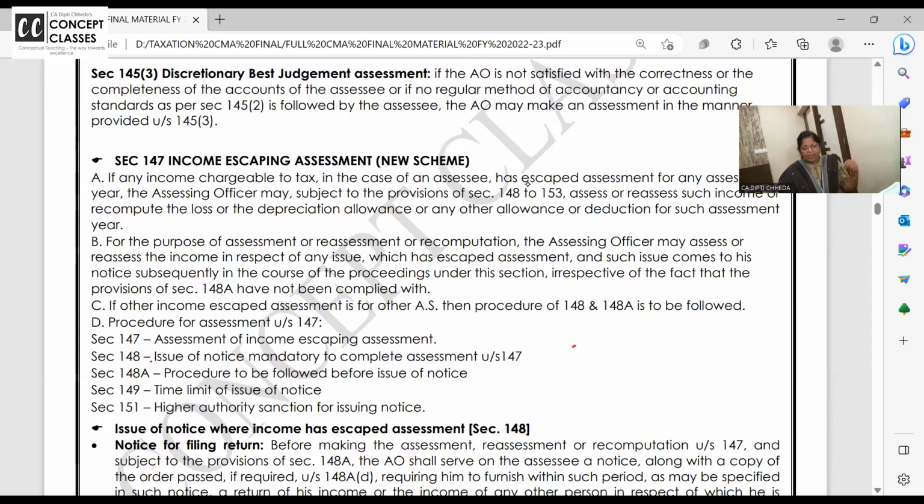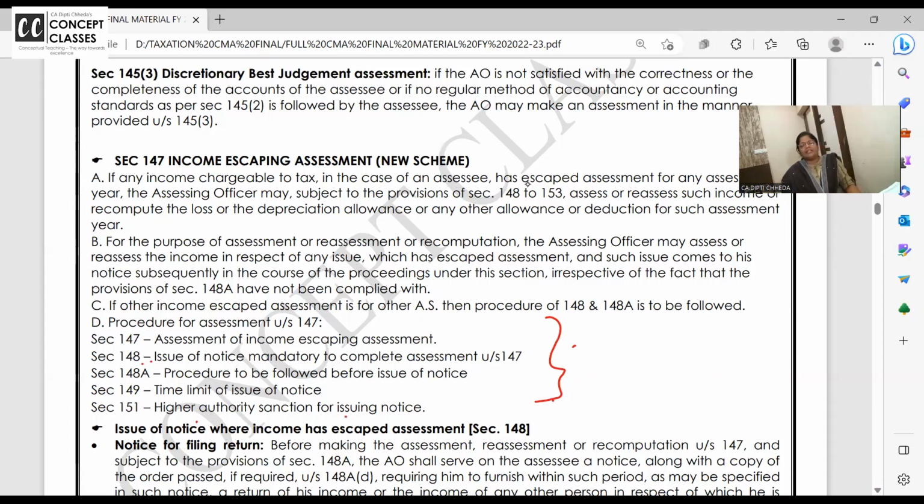Within the time limit you have to issue the notice, that is 3 years, or if the income which has escaped assessment exceeds 50 lakhs, then within the next 10 years. And from here, you have to take the permission of the higher authority for issuing the notice under 148 and 148A.